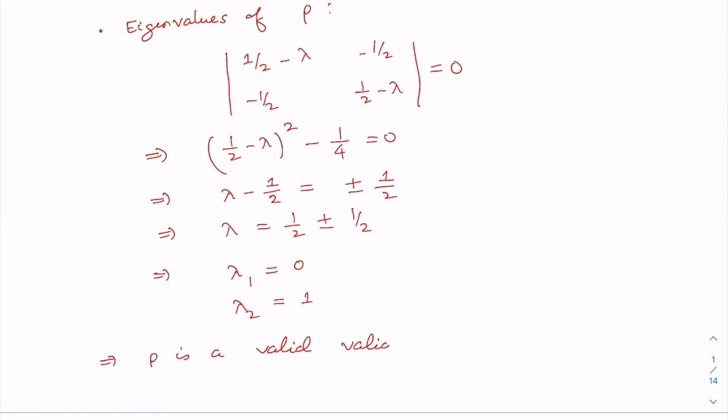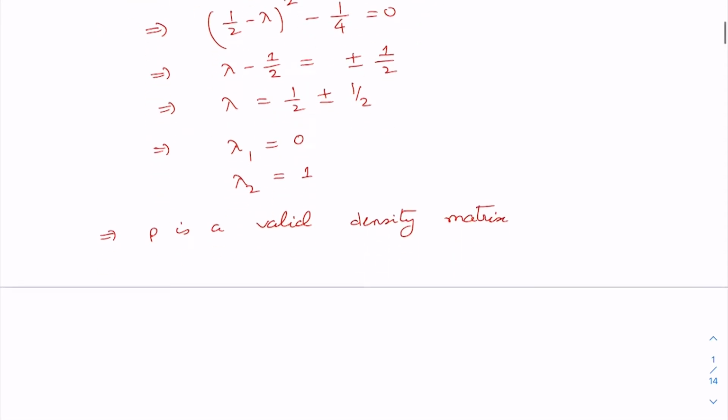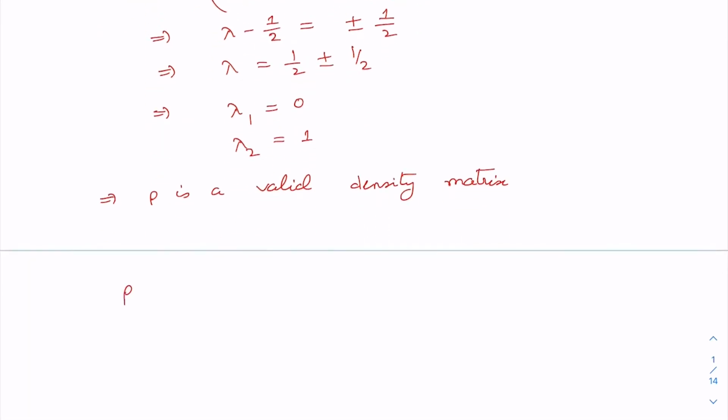Let me show you one thing quickly. If I find out rho square, where rho is half, minus half, minus half, half, I have to take the multiplication of this matrix twice.